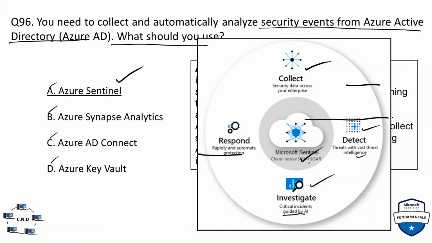So this is also known as SOAR. SOAR is basically security orchestration, automation, and response. So the SIEM just collects and analyzes data, while SOAR additionally responds to the threat in real time.